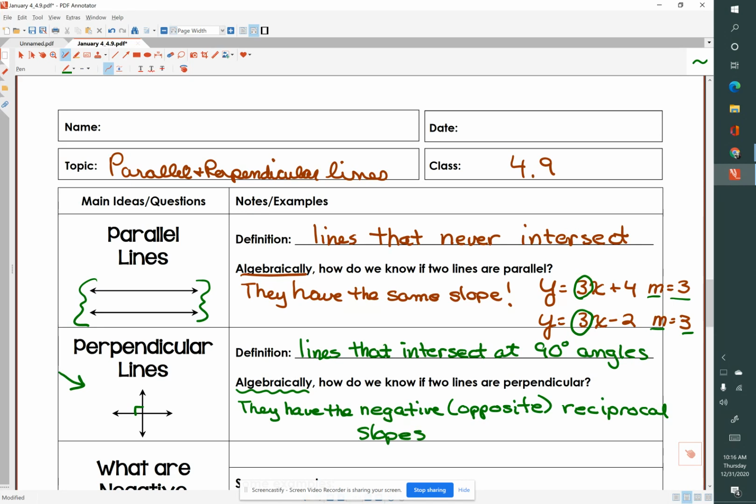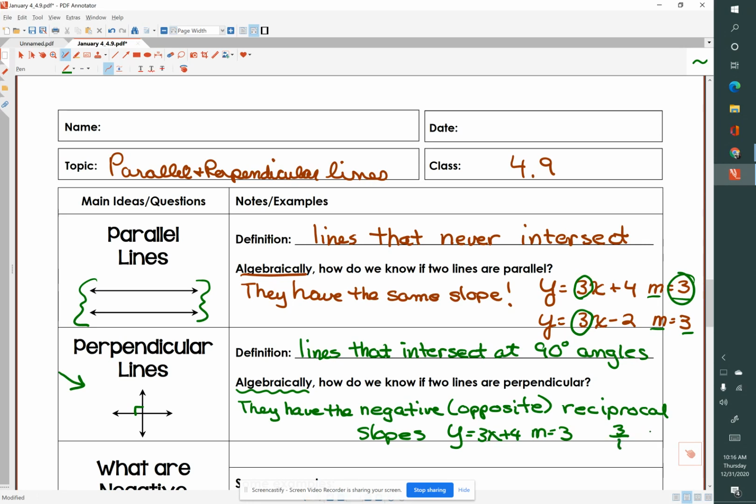So let's think about this slope of 3 in our prior example. In this case, we could say y equals 3x plus 4, and our slope is 3. But if we want to show the perpendicular equation, so the negative reciprocal of 3, well, we can think of 3 as 3 over 1.